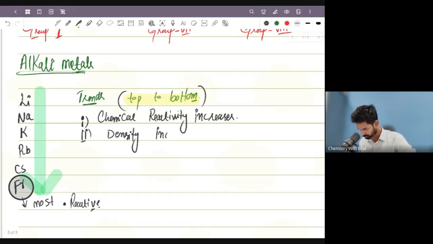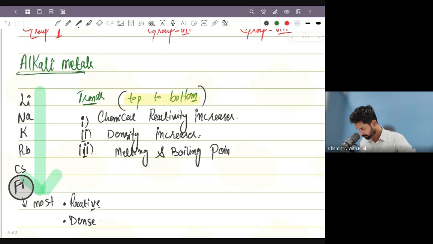Also, the density increases moving top to bottom. So that is another trend. That means this is also most dense. Melting and boiling points decrease as you go top to bottom.